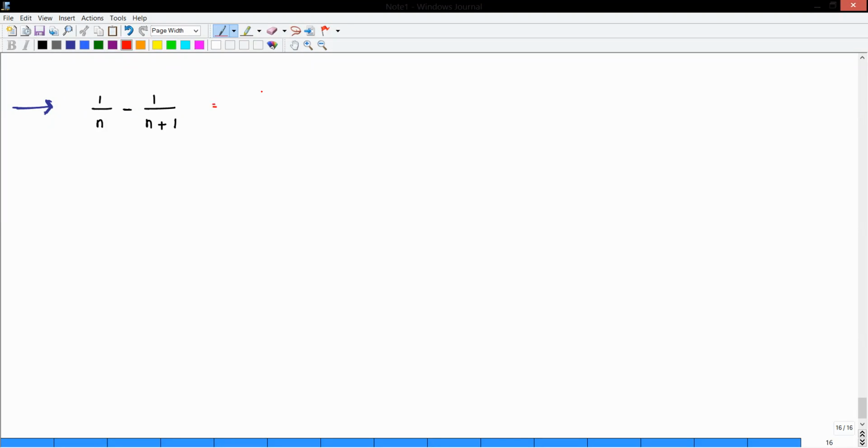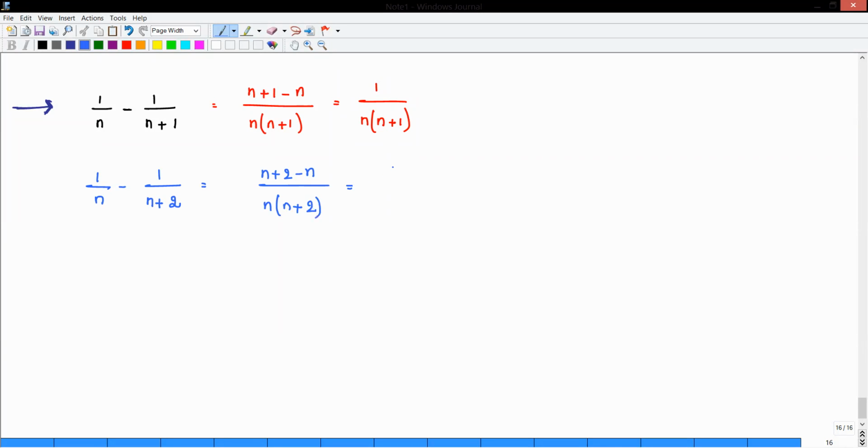If you take the LCM, numerator becomes what? n plus 1 minus n, 1 by n into n plus 1. Right. 1 by n, 1 by n plus 2 if you have, n plus 2, 2 by n into n plus 2.